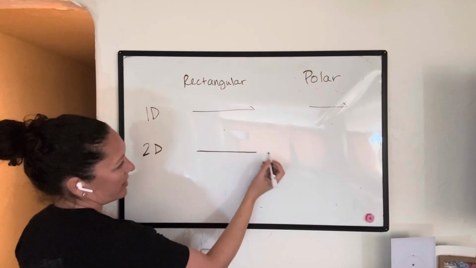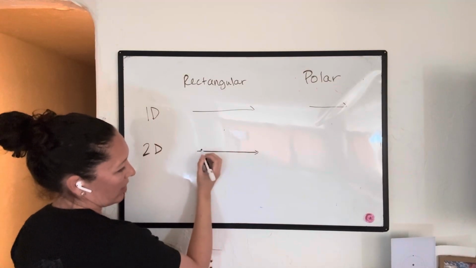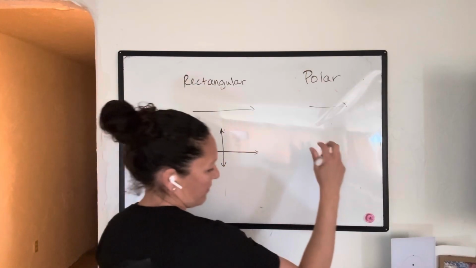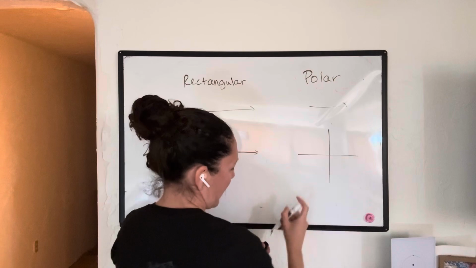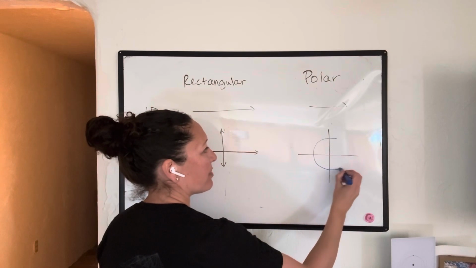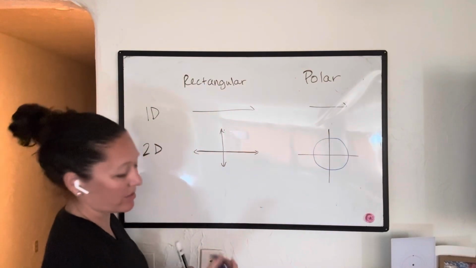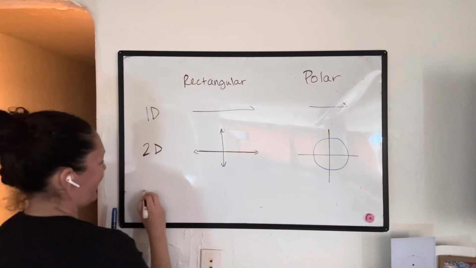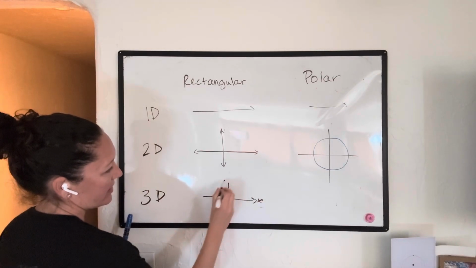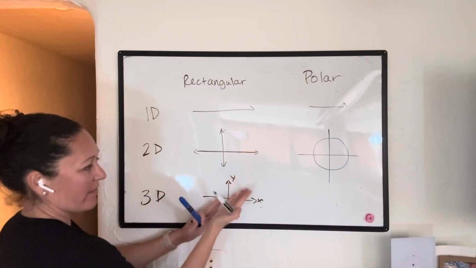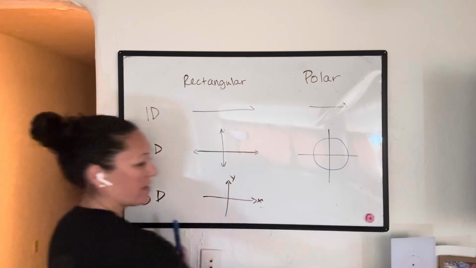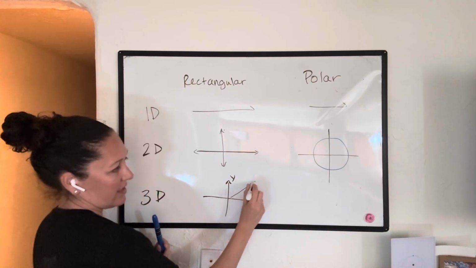we have our x-axis going in one direction, and we have our y. And for polar, we have our circle that is on that flat plane. That's supposed to look like a circle. And then in 3D, we still have our x and y, but now we have another side, kind of like this marker coming out of the board, and that is our z.